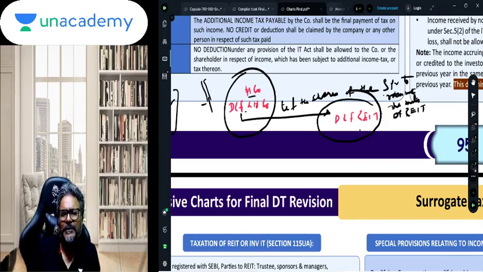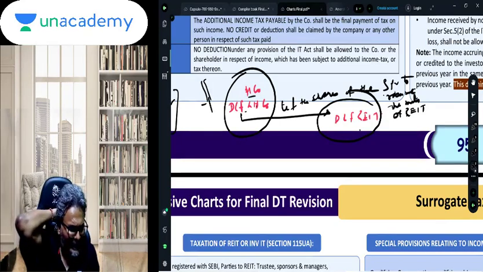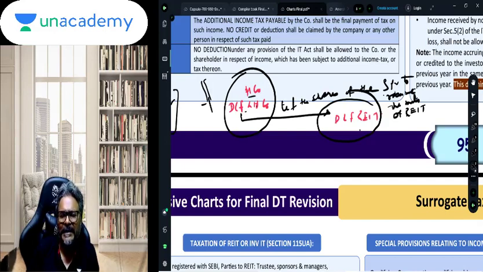From the SPV, students, they are receiving the dividend, because now they are the shareholder of the SPV. So they will receive the dividend. That is income number one. Secondly, it may so happen that DLF REIT may have given a loan to the SPV, and the SPV is paying the interest to DLF REIT. So that becomes the second category of income.